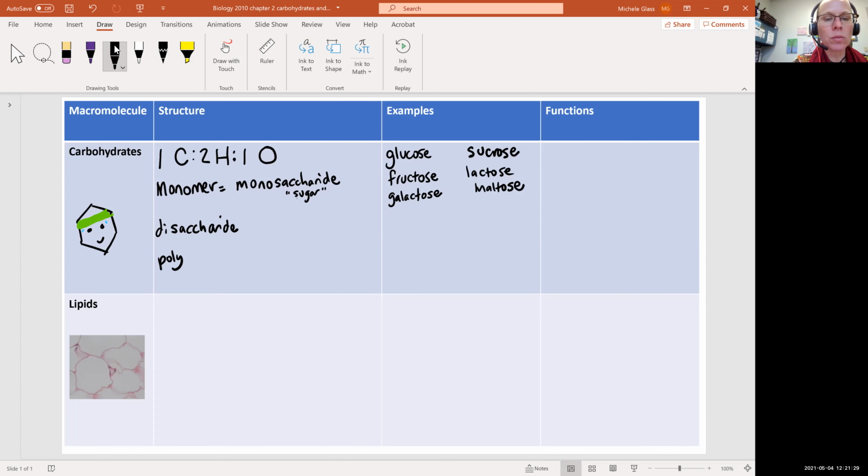And then we have what are called polysaccharides. We know this prefix poly means many. So a polysaccharide is a really big carbohydrate, right? And here, in our bodies, you'll see glycogen, and we will eat starch, and we will also eat cellulose.